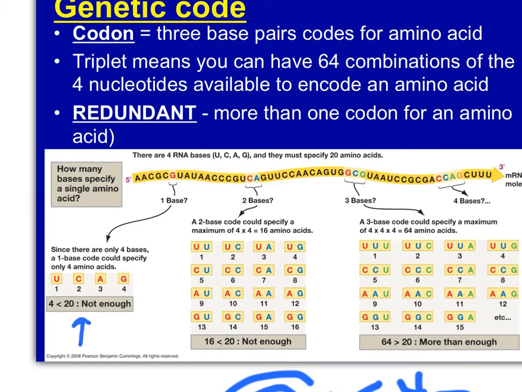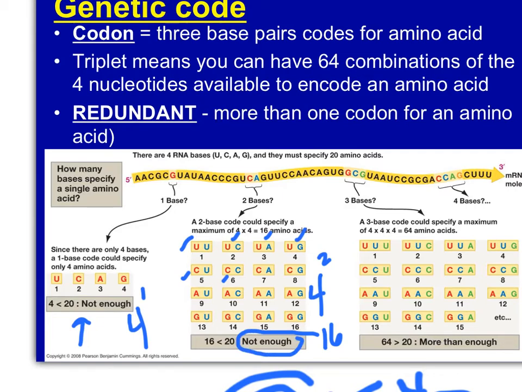But if you take 2 nucleotides together, so you have every combination of the 2 nucleotides: U paired with a U, U with a C, U with an A, U with a G, a C with a U, C with a C, and so on. How do you get this number? It's 4 nucleotides squared. This is 4 to the first. So 4 squared equals 16. Still not enough to encode for the 20 amino acids that we need.